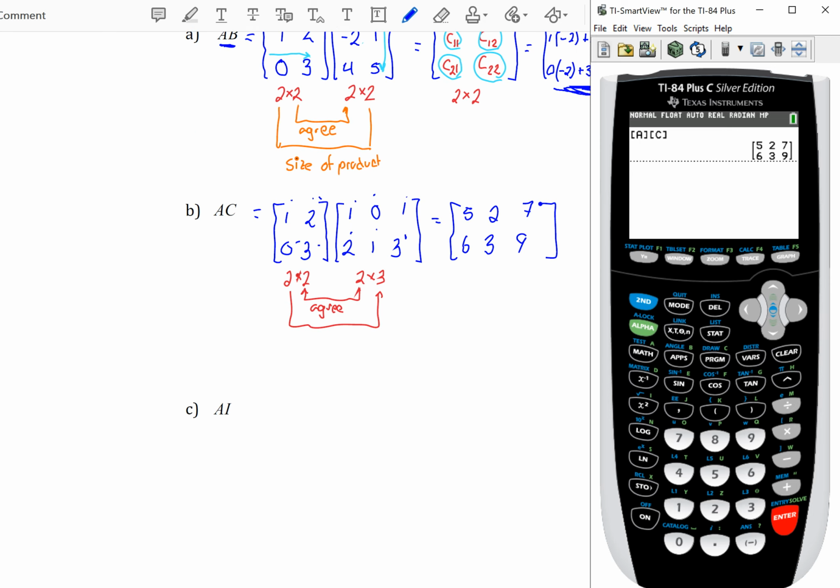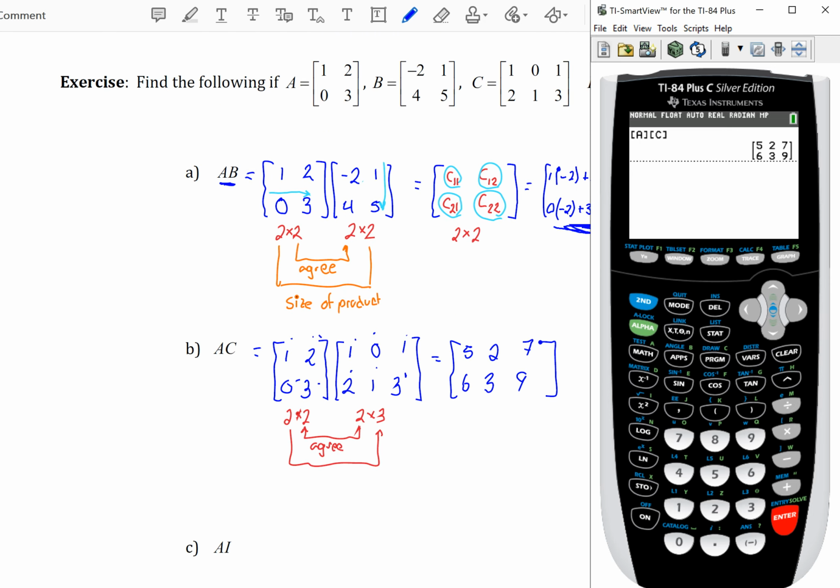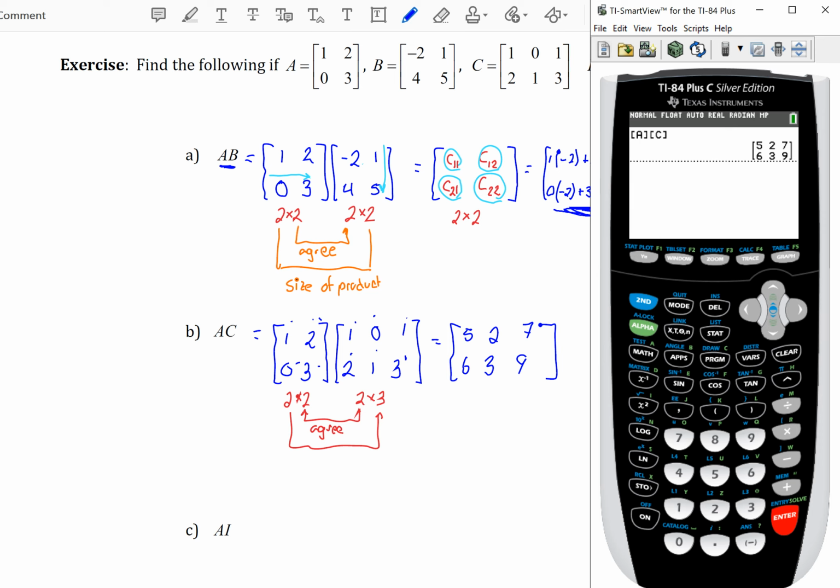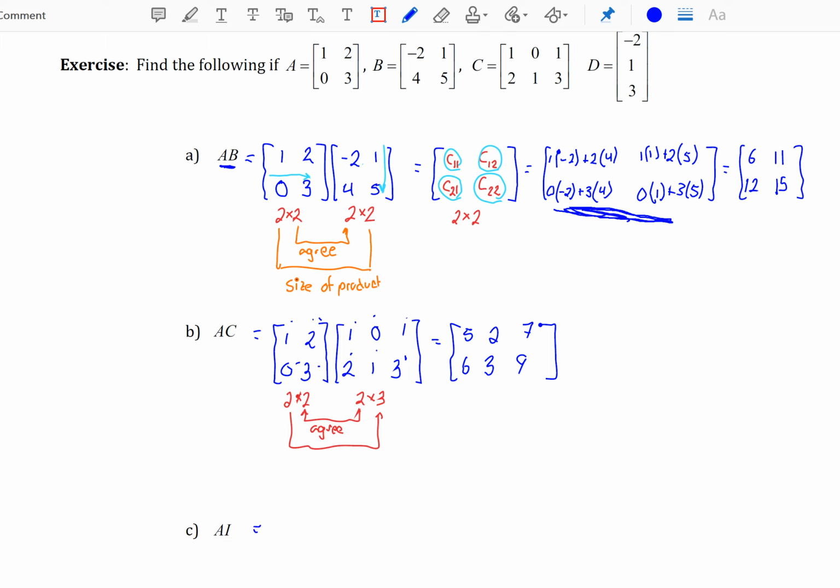Okay, let's move on. Let's try another one. Let's look at the product of matrix A and I. So just to keep this clear and show my work nicely, I'm going to recopy these matrices down.